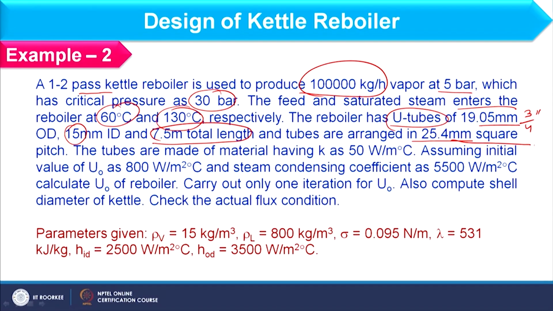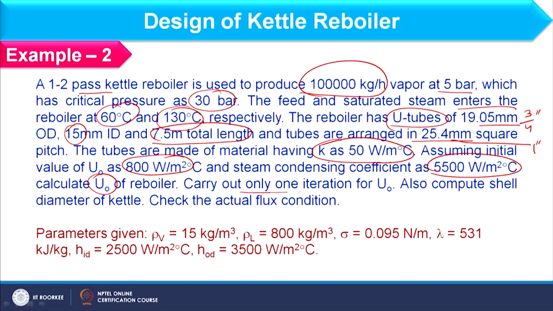If you consider this pitch, it is basically 1 inch, and tubes are made with material for K equal to 50, and an initial value of U naught as 800 is given to us. Condensing coefficient of steam is given as 5.5 kilowatt per meter square degree Celsius. We have to find out the overall heat transfer coefficient for the reboiler.